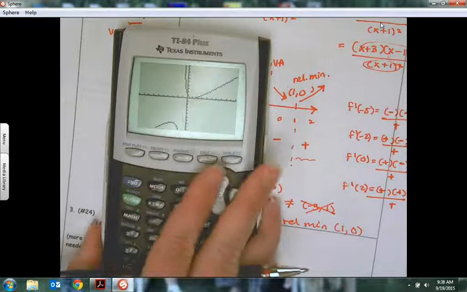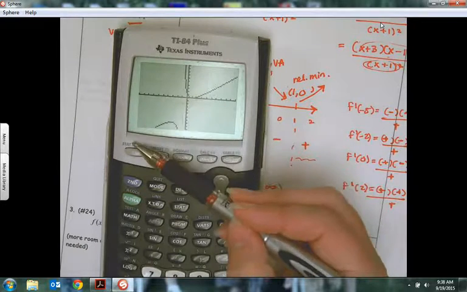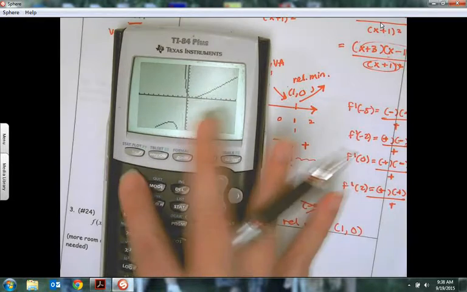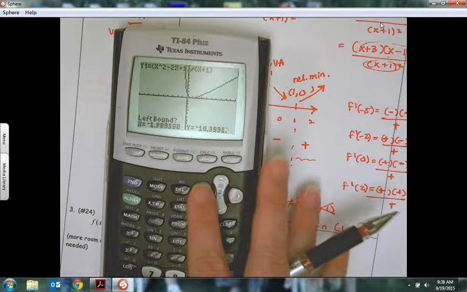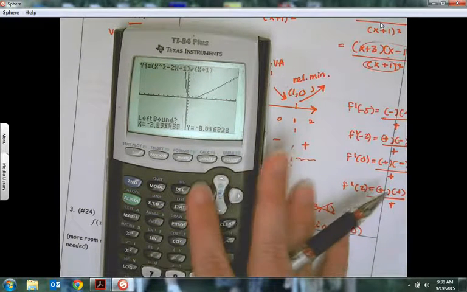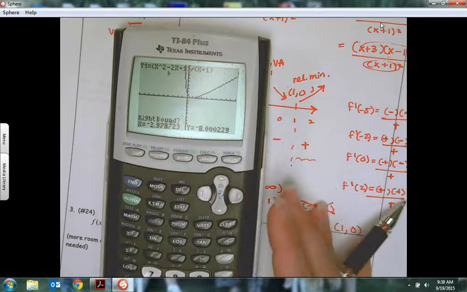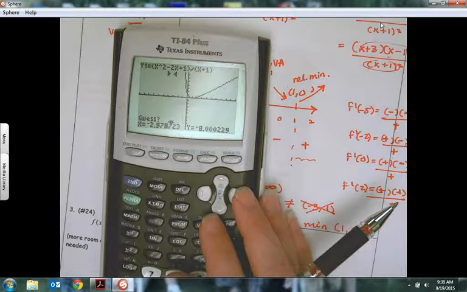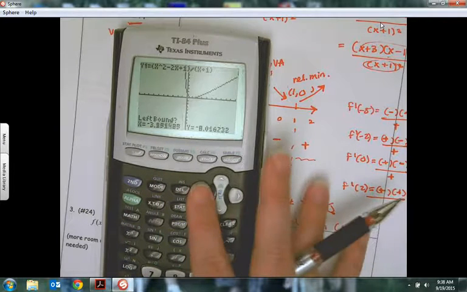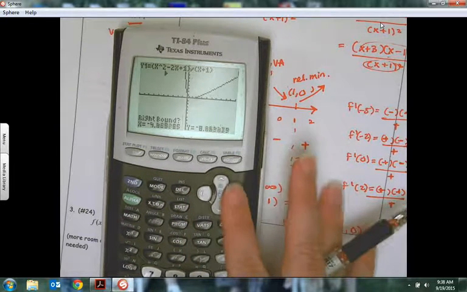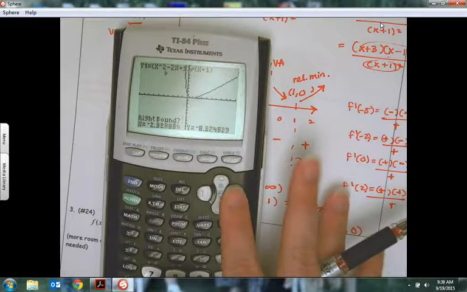So here I can see that I am increasing until that value. Oops, second calc max. Let me go a little bit further. I couldn't hardly see with the words.